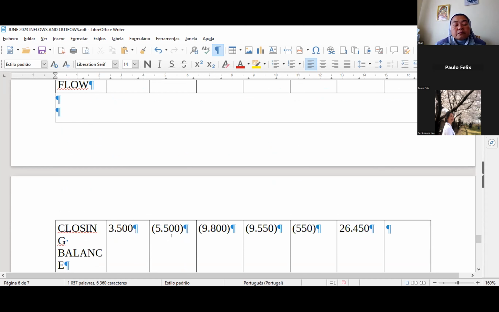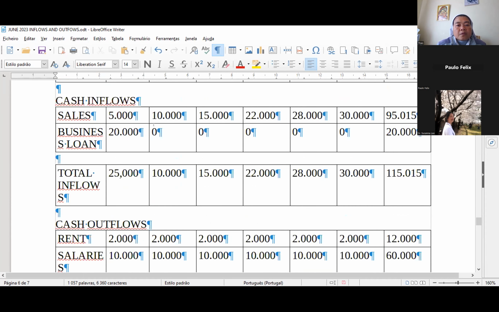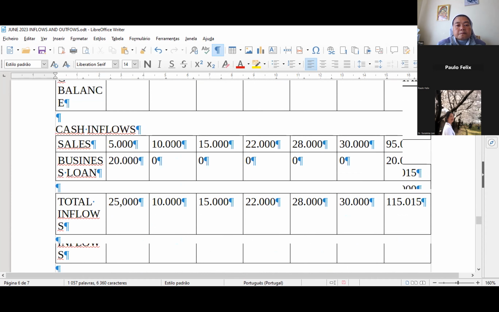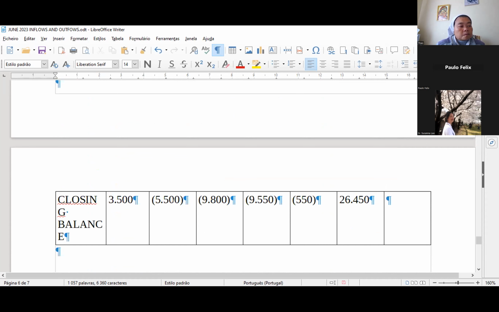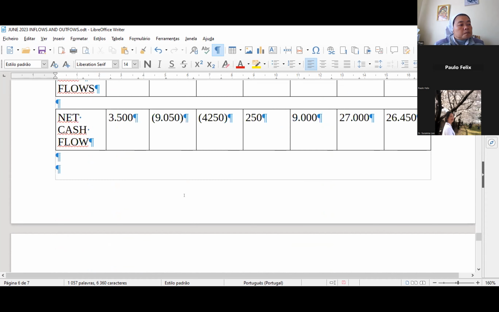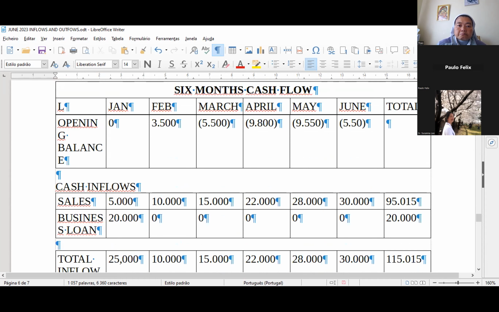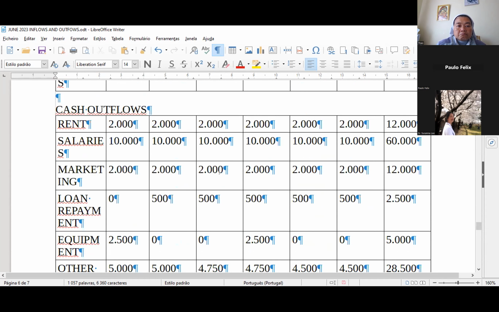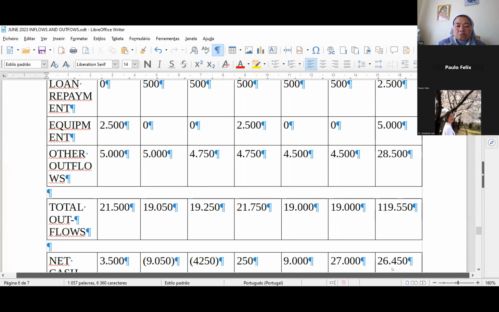So then the closing balance is 5,500 rands, when you subtract from the 3,500 there. Now again, this 5,500 is going to be the opening balance of the month of March. And so it goes on like this all the months until you arrive in June.